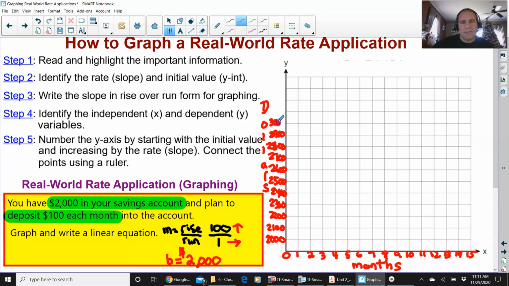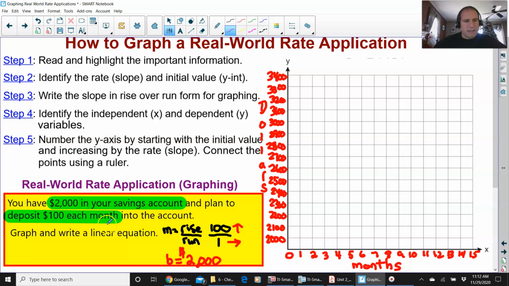And this is 3,000, 3,100, go all the way up. Just like that, and then we should reach 3,400.